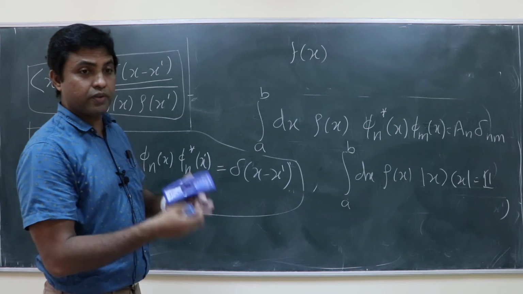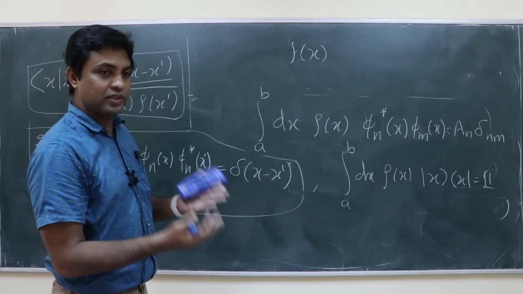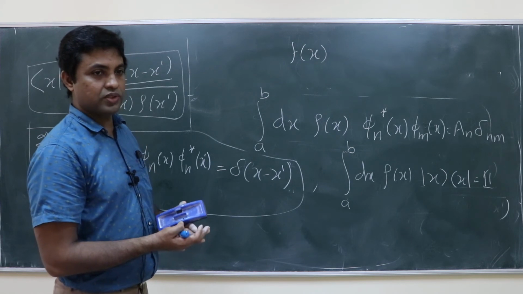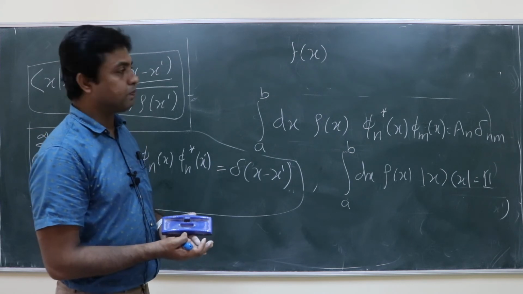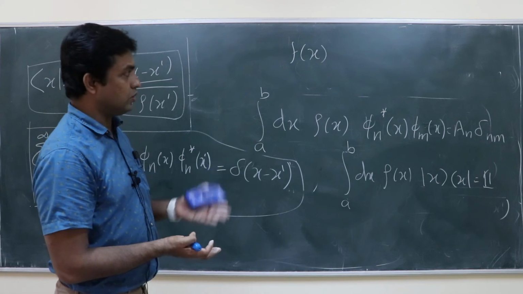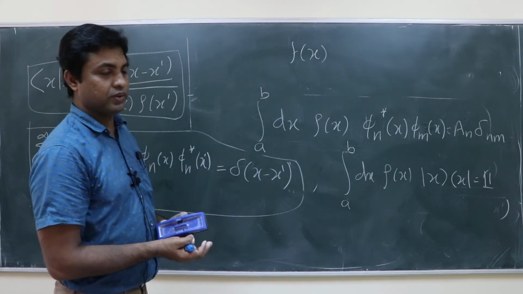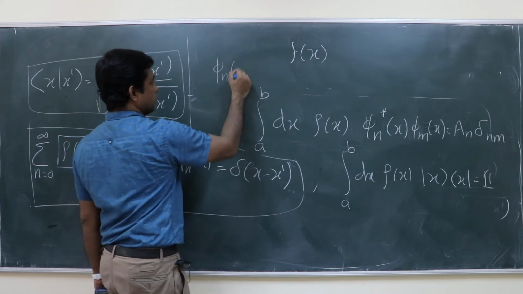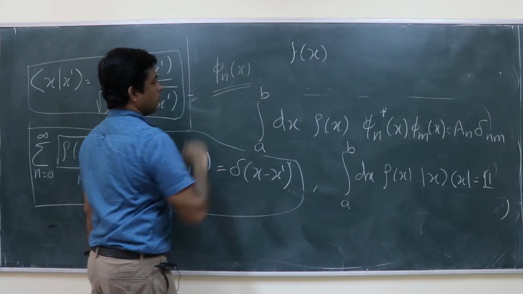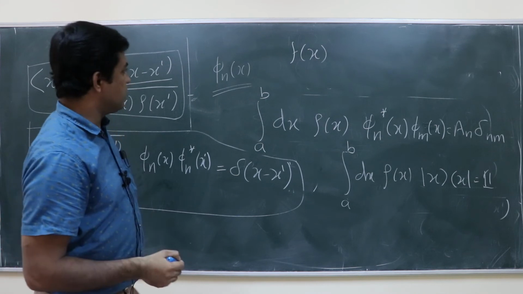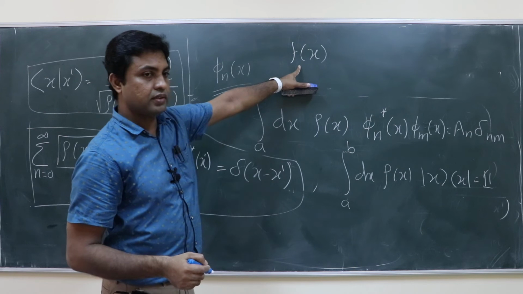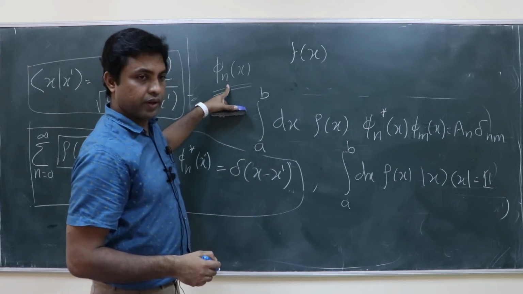This is the great importance of the polynomials, because so many numerical algorithms are created using this property. Because the phi n of x form a basis, I can write any function f of x in terms of phi n of x.